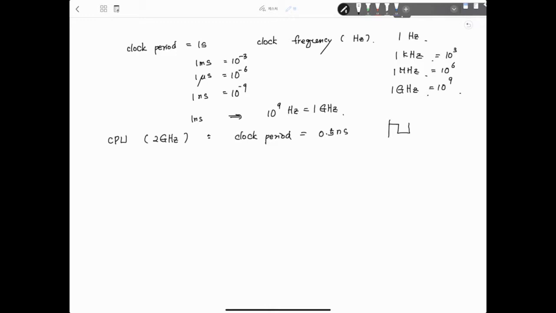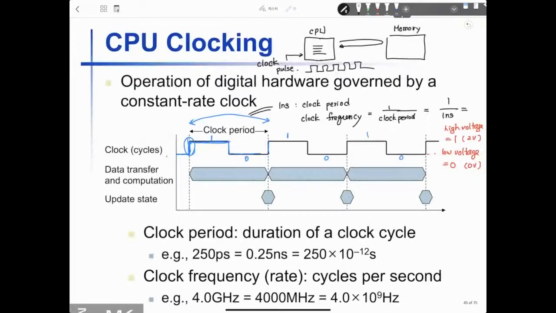So that's the definition of the clock period and the clock frequency. We already know what the clock period is and what the clock frequency is.